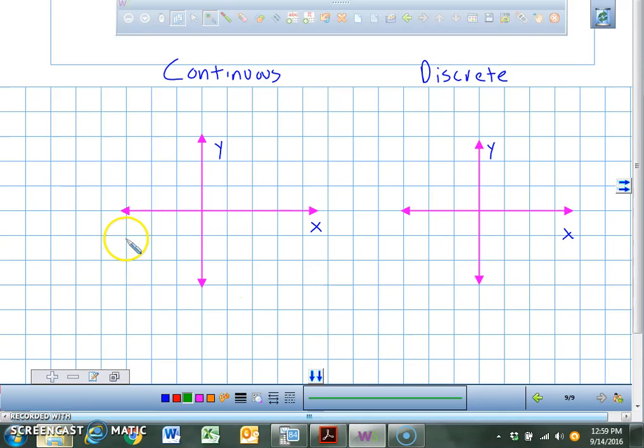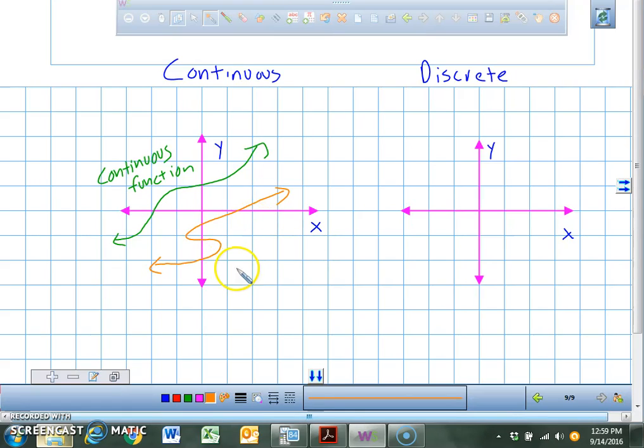If I draw something like this, this is continuous. It just keeps going forever. All the points are connected. This is not just continuous, you could call this a continuous function because it also passes the vertical line test. But if I went like this, it does not pass the vertical line test, but is it continuous?